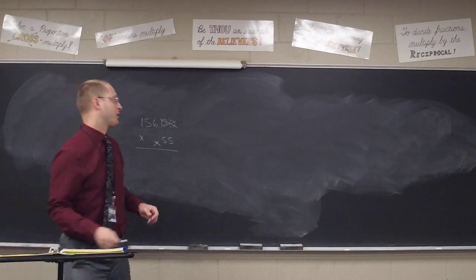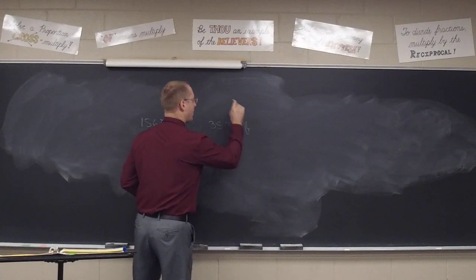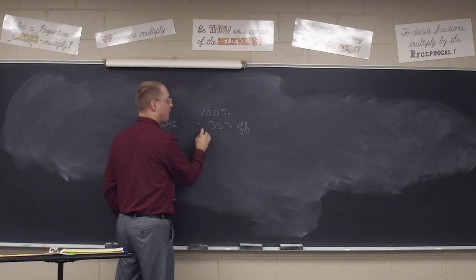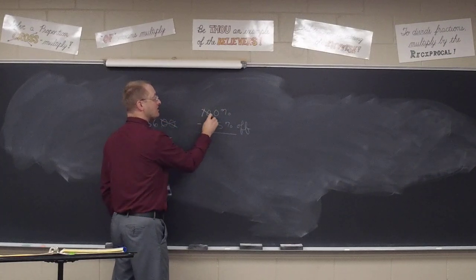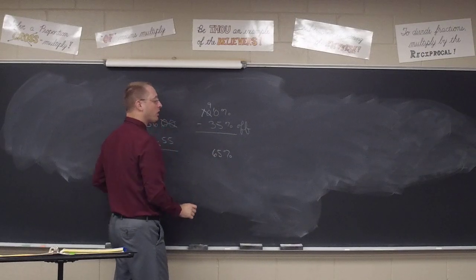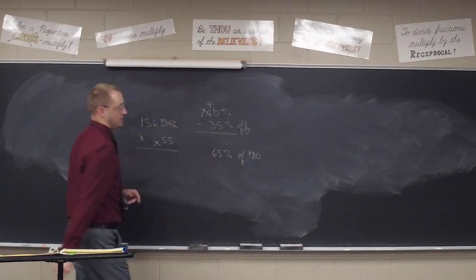If we're getting 35% off, that means we're not paying 100% of the price anymore. We're now paying what percent, class? 65%. Be careful on your borrowing. We're only paying 65% of the original $80 they wanted.